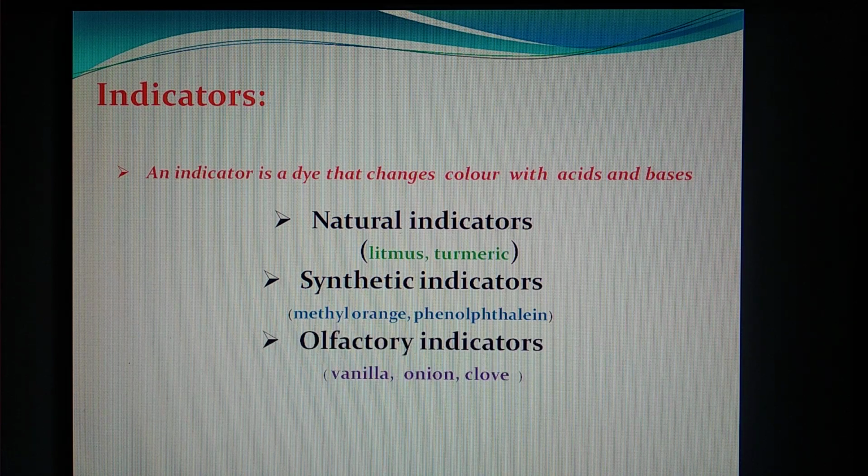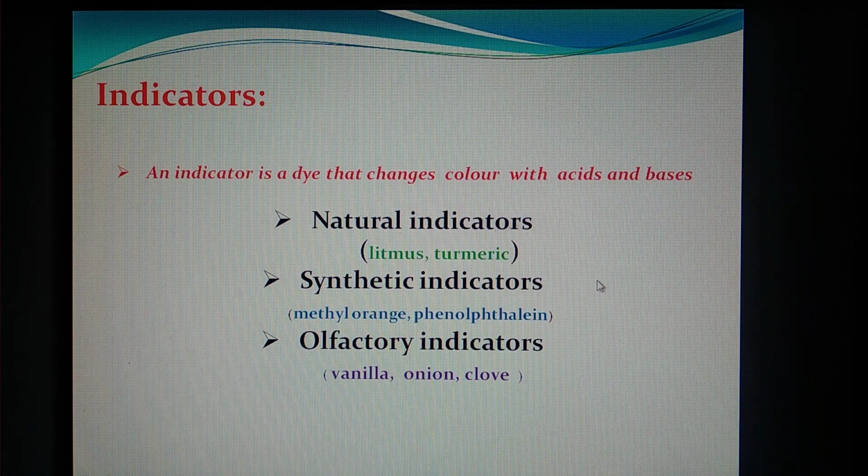The third one, olfactory indicators. These are indicators used to determine the nature of substances by change in their smell. Examples: vanilla, onion and clove.